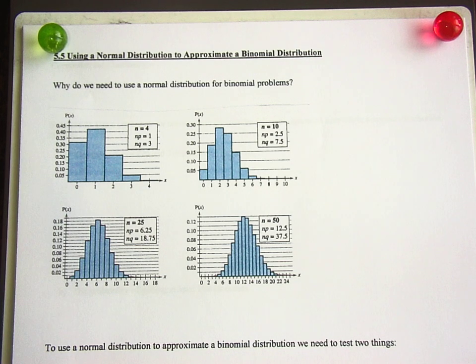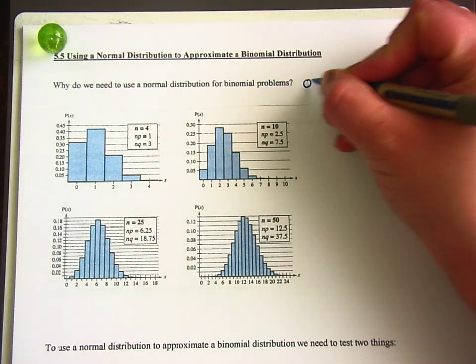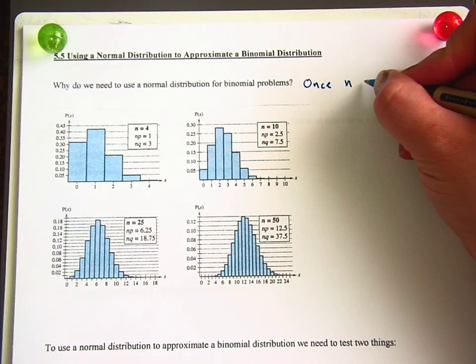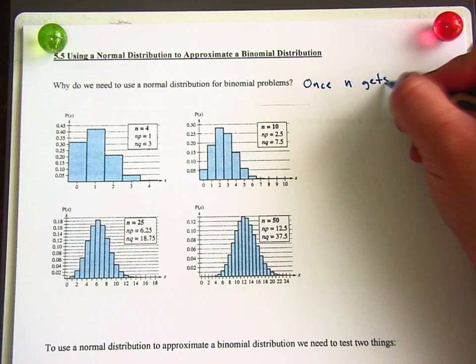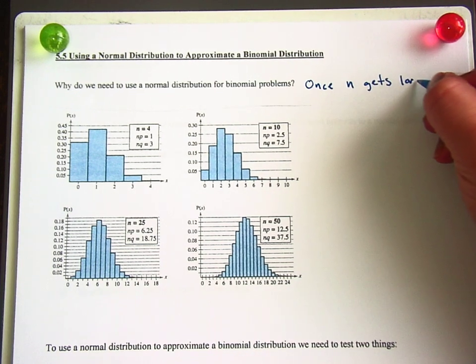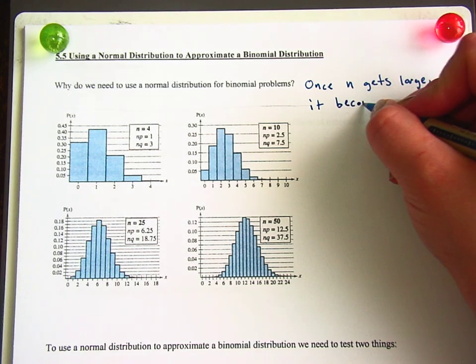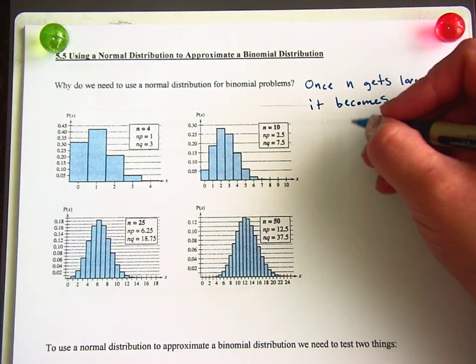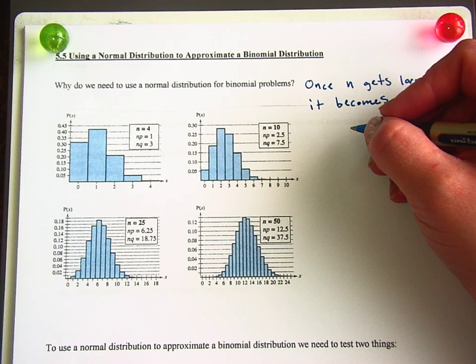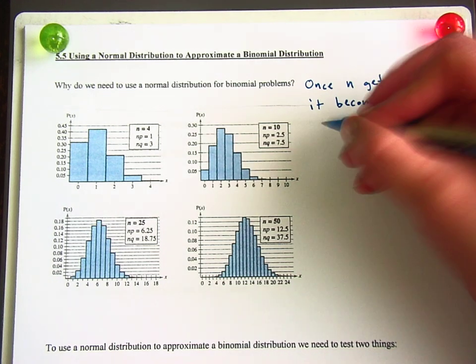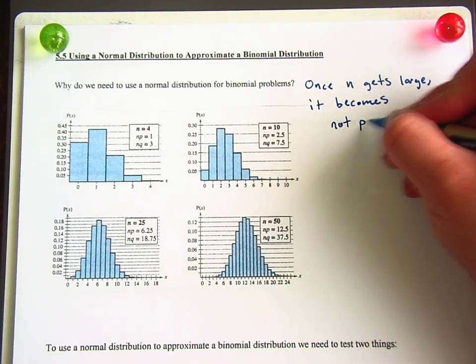The reason why we use a normal distribution for binomial problems is because once n gets really high, it becomes tedious, ridiculous to do that many formulas. It is not practical, I guess.